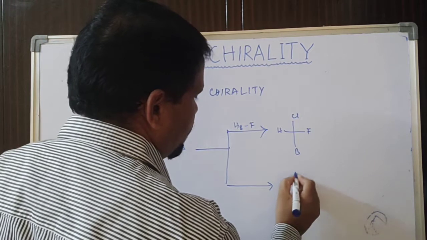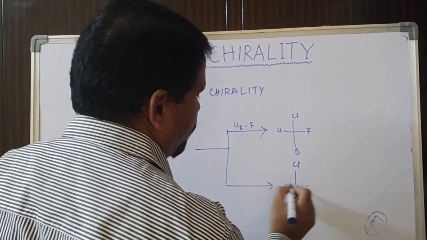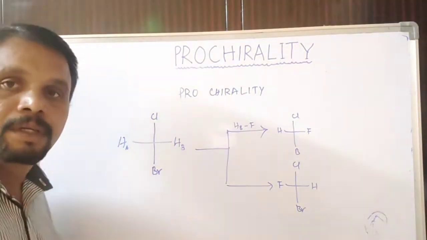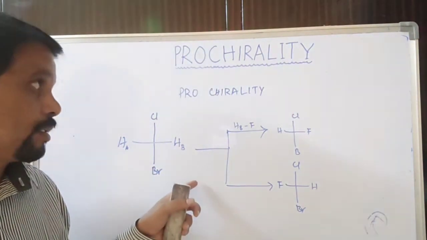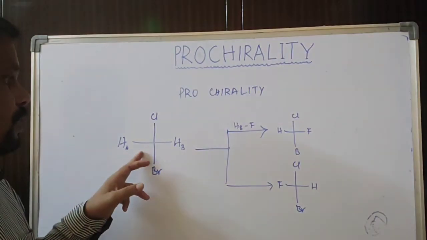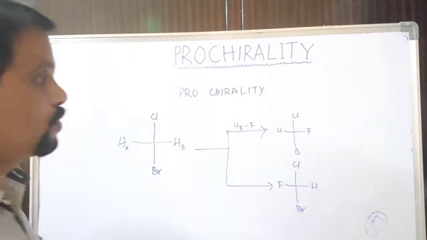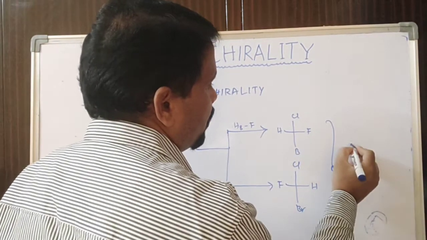Another one is also chlorine, bromine, fluorine and hydrogen. Consider this an example reaction. So this molecule is converted to chiral stereoisomers. These two isomers are chiral stereoisomers.